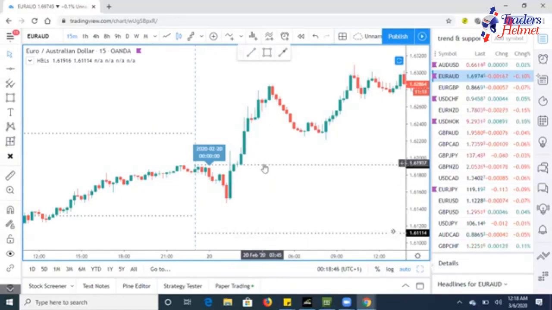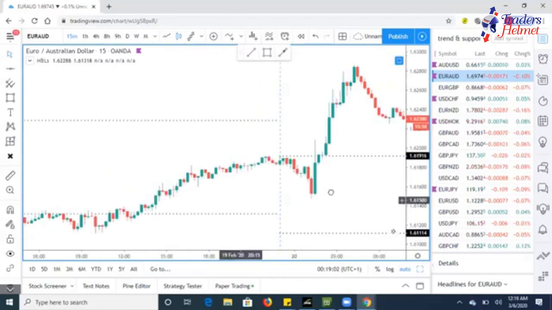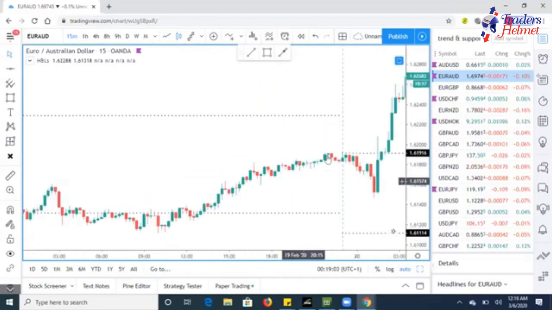This dotted line here is delineating the highest point yesterday, and the dotted line here shows the lowest point of the previous day.